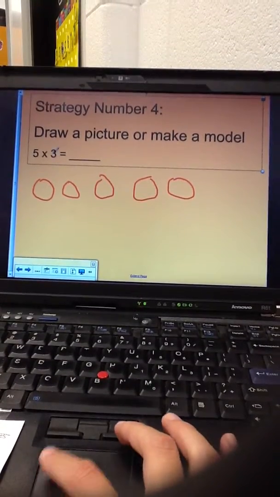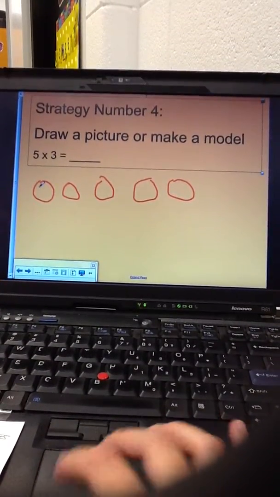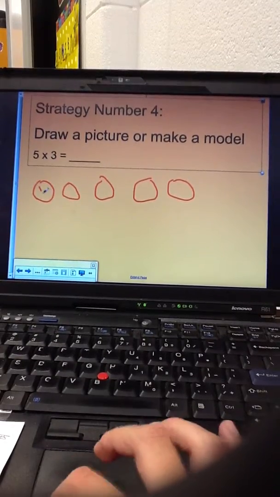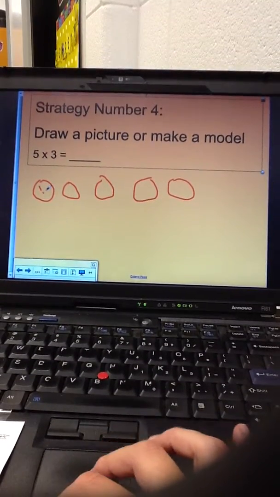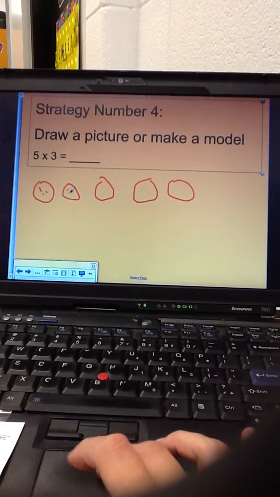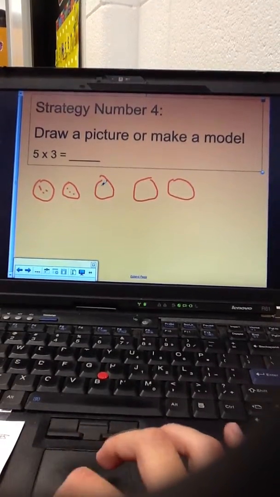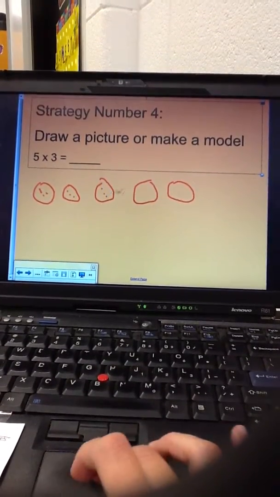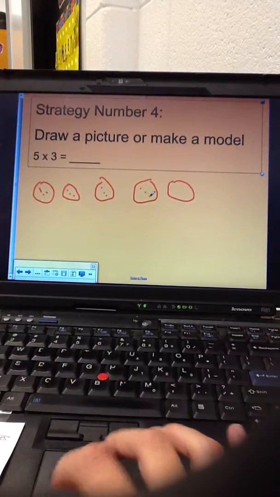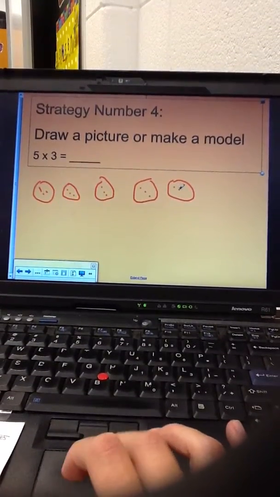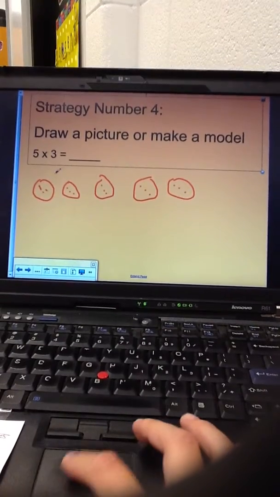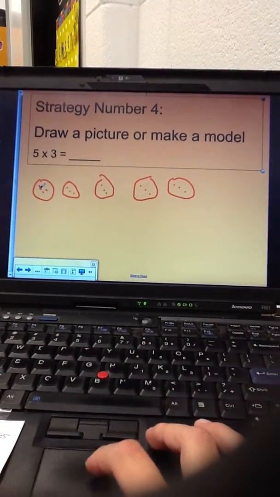And the next number tells us how many dots we need in each. So 1, 2, 3, 1, 2, 3, 1, 2, 3, 1, 2, 3, 1, 2, 3. And then I go back and I count the dots.